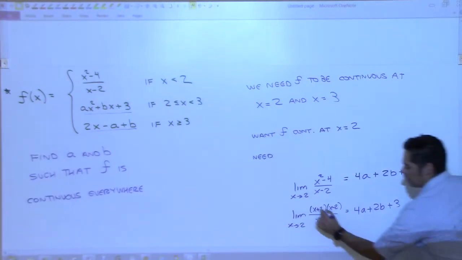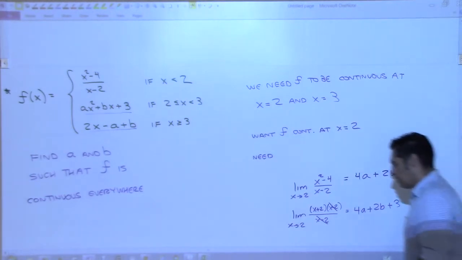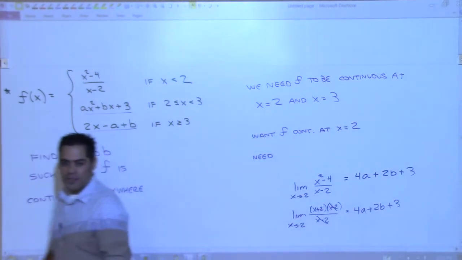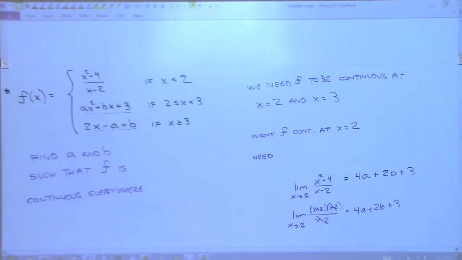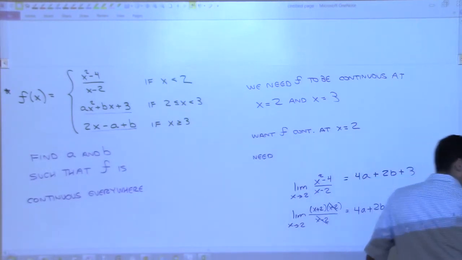And these cancel, right? X minus 2's cancel. Sophia, you just want to finish it off? What's that left side, the limit, going to be after we do that canceling? 4, right? Everyone? 4?